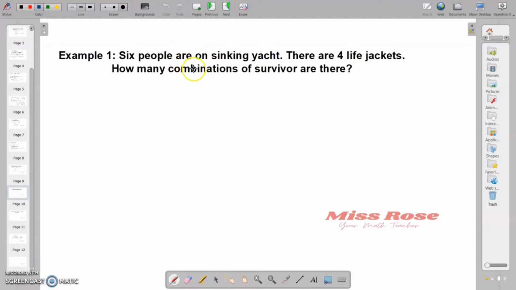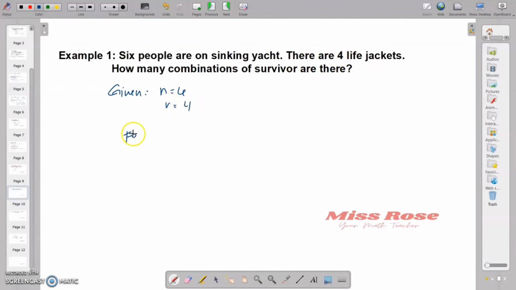Example 1: 6 people are on a sinking yacht. There are 4 life jackets. How many combinations of survivors are there? So let's take the given. There are 6 people on the sinking yacht, so that is the n. And 4 life jackets, that is the r.